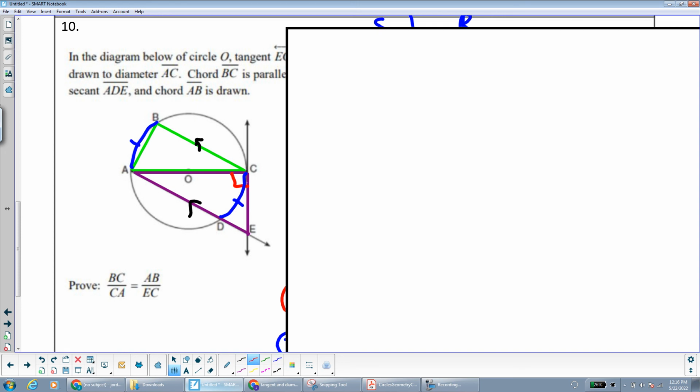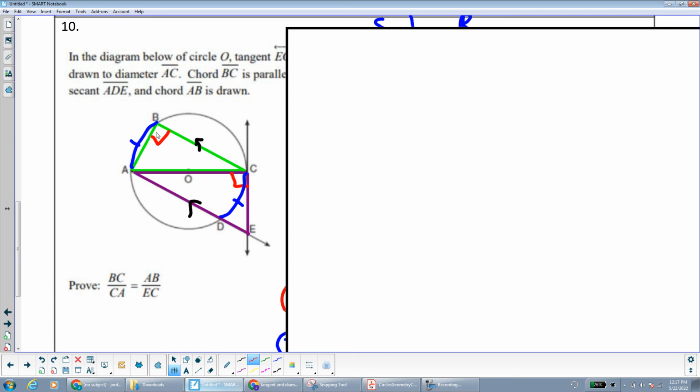I have the right angle in the purple triangle, so I want to try to find a right angle in the green triangle. So if you weren't able to find it, it is angle B. And the reason that angle B is a right angle is because an angle inscribed in a semicircle is a right angle. Notice how angle B is an inscribed angle. Its vertex is on the circumference of the circle.